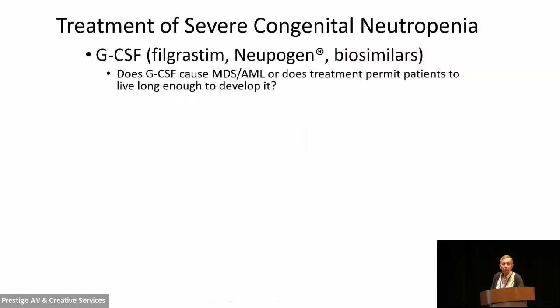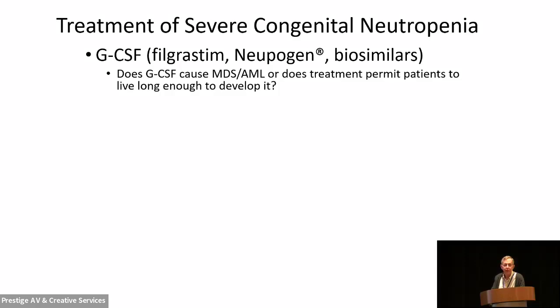So treatment for congenital, the standard treatment, Dr. Dale will go into some newer developments, but the standard has been for a long time, since pioneering studies by Dr. Dale and the late Dr. Boxer, is GCSF. You're probably familiar with the risk of GCSF associated with myelodysplastic syndrome and leukemia.